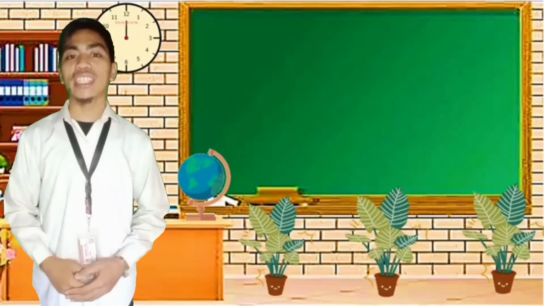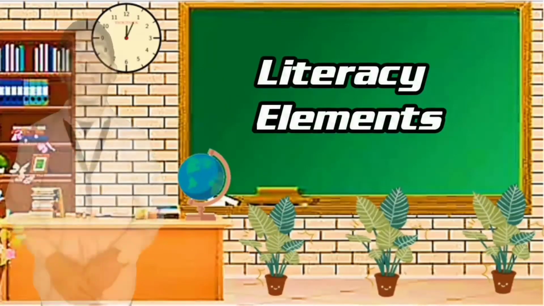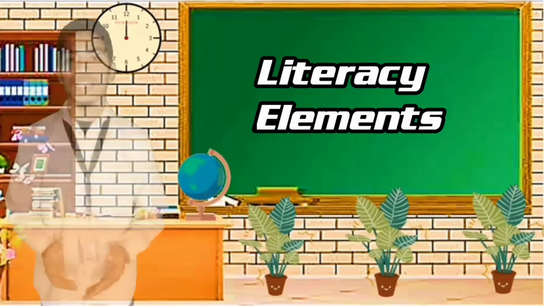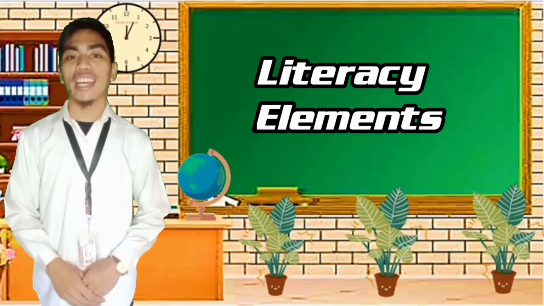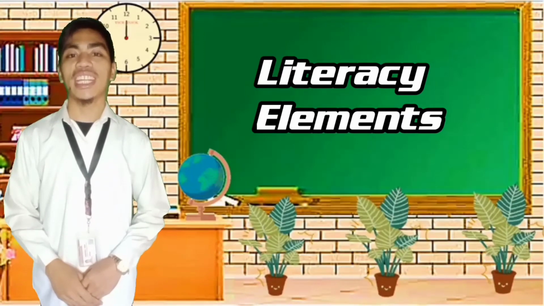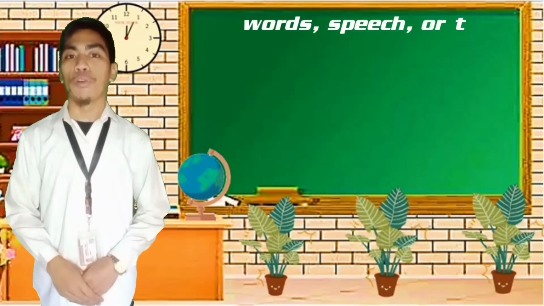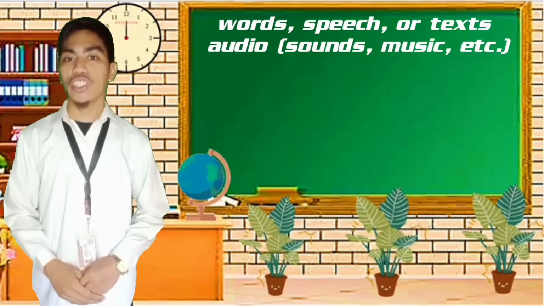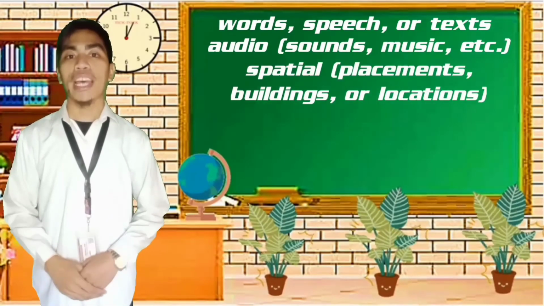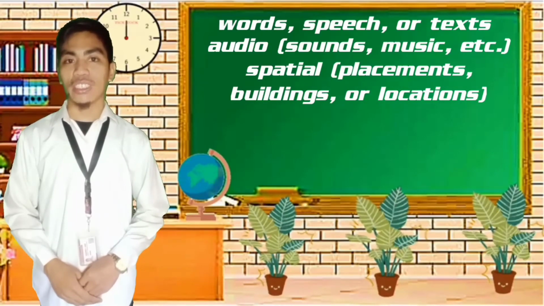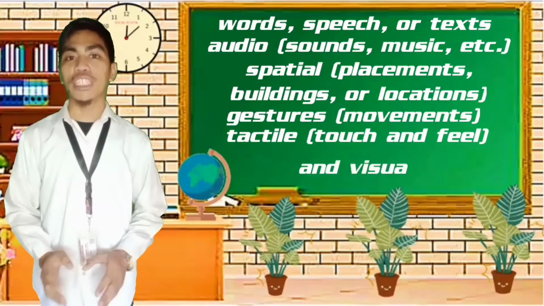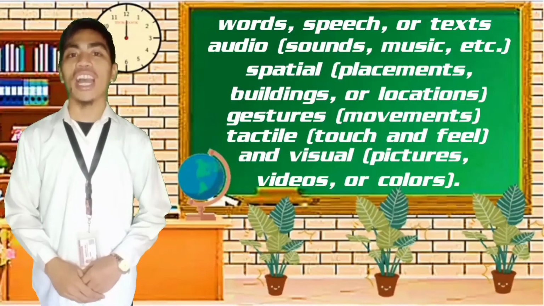On the other hand, literacy elements from the commentary on multiliteracies mean the different modes of elements that are applied in a certain classroom, like for instance: words, speech or text; audio, sounds, music, and etc.; spatial, placement, buildings or locations; gestures, movements; tactile, touch and feel; and visual, pictures, videos, or colors.